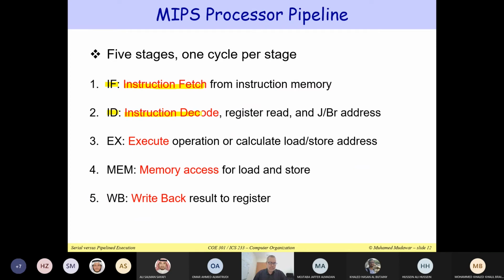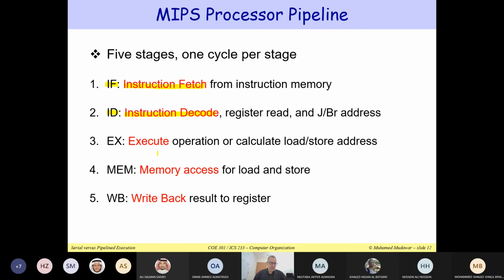During this stage, we use the control logic to decode the instruction to generate all the control signals, and we can also read from the register file, and calculate the jump and the branch target address. So all of this can be done during the same stage. These 3 things can be done in parallel because they are not related.